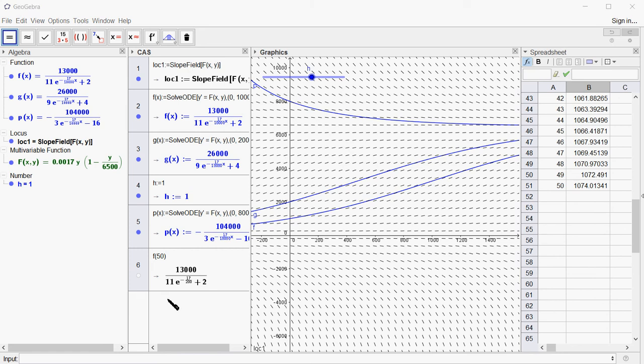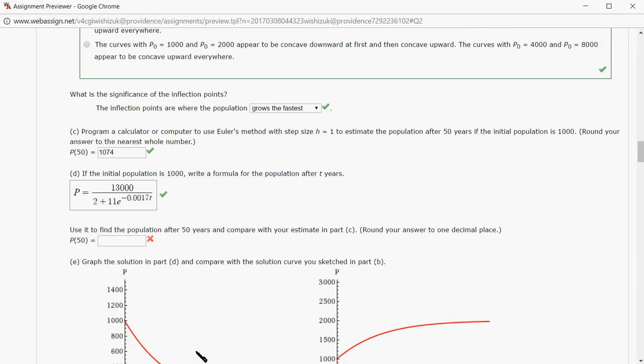So one thing we can do is use numeric, and the expression is f of 50. Which is about 1,074. So let's go back, 1,074. Let's check the answer.